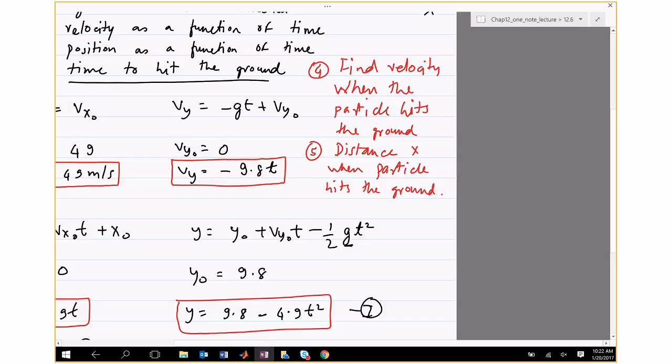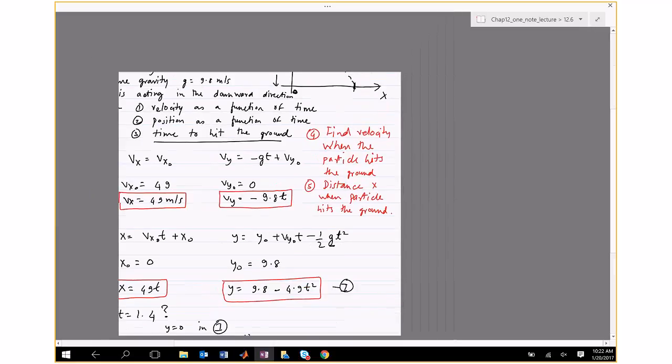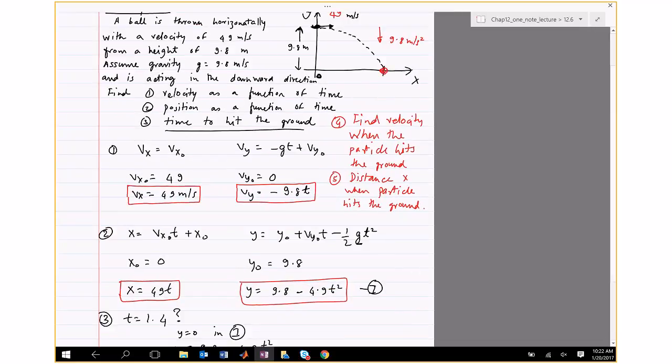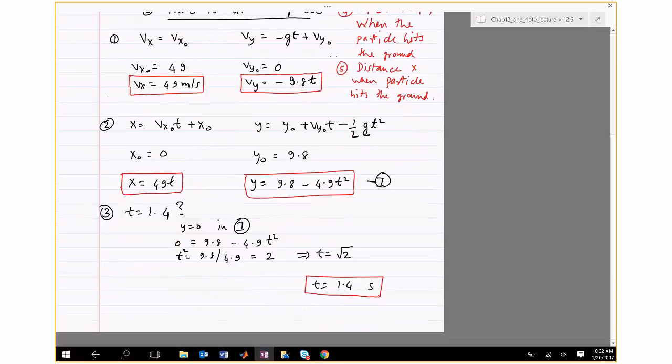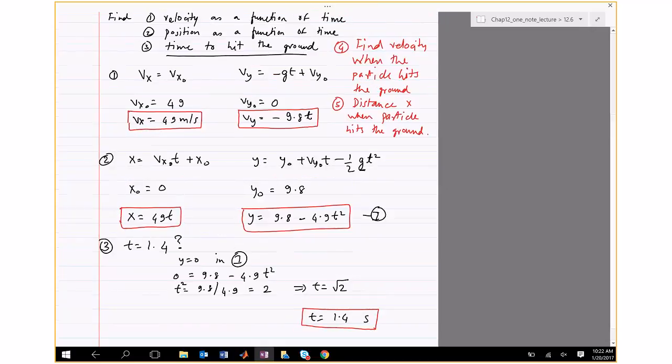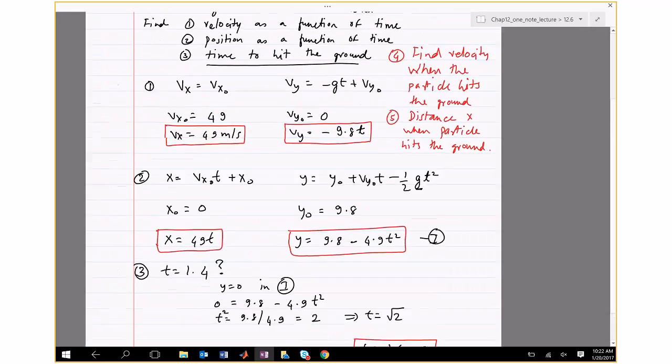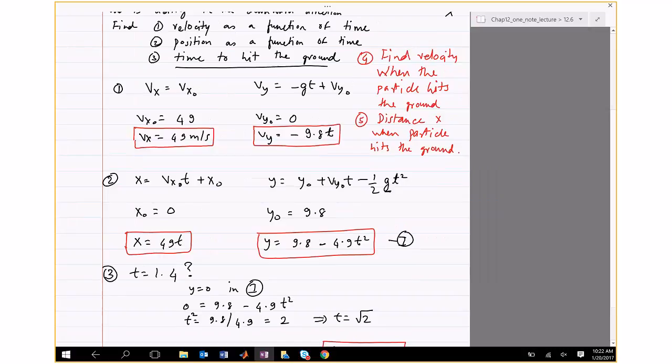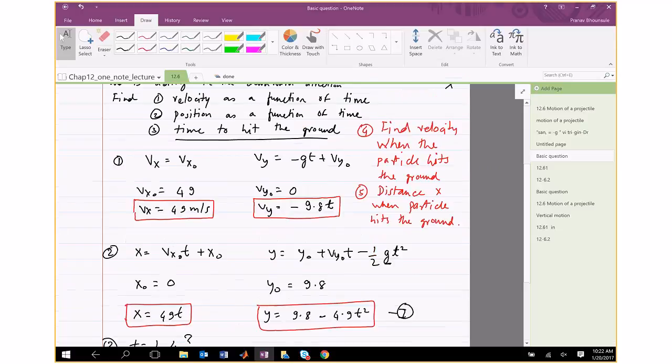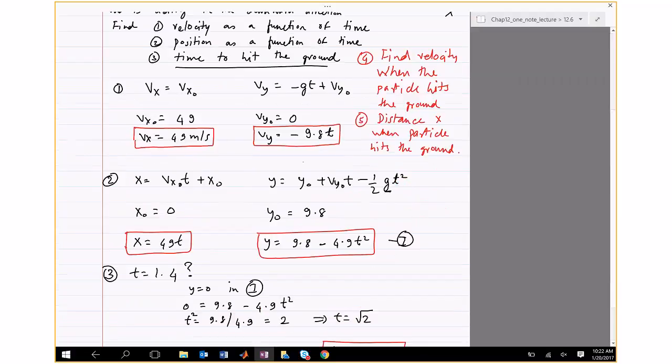Can you find the velocity when the particle hits the ground? So you have to find what's the velocity when it's right here. You're going to find the x velocity and the y velocity.